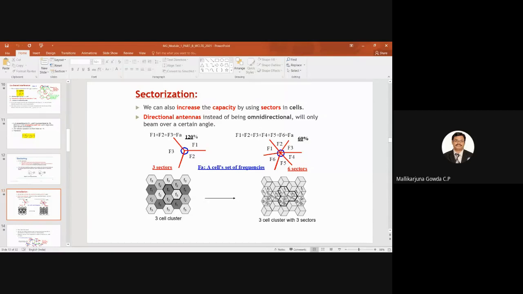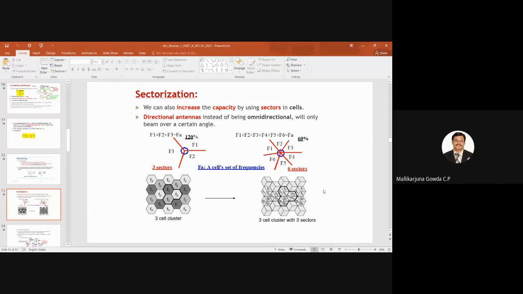Now, in the same three cells, how many will I be using? 3 plus 3 plus 3, that is 9 different frequencies. With that, I will be able to improve the system capacity.